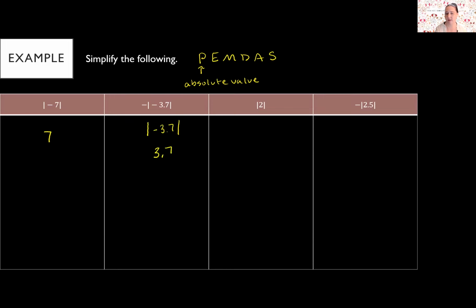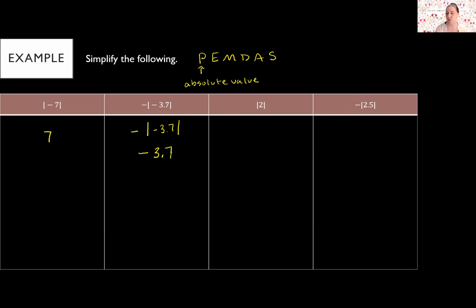It makes whatever that thing is positive. But we've got a negative on the outside, so we end up with a negative in our final answer. The final answer to negative absolute value of -3.7 is -3.7, because the absolute value first makes it positive, then the negative on the outside makes it negative again.